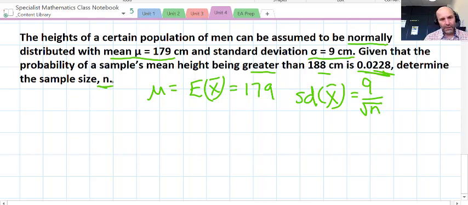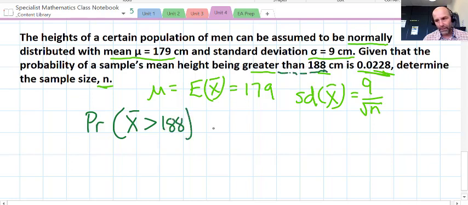What we've been given here is the probability of x bar being greater than 188, and we have its value, which makes this a little different to some of the things we've worked on before.